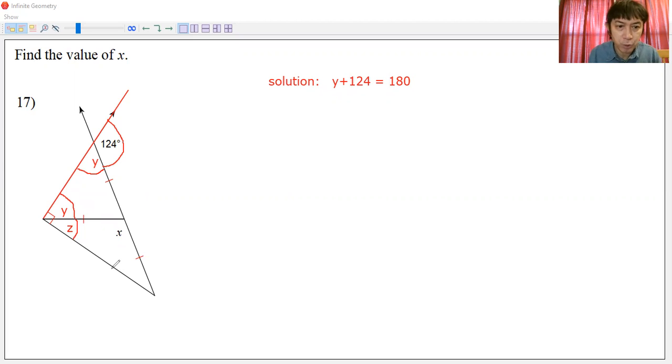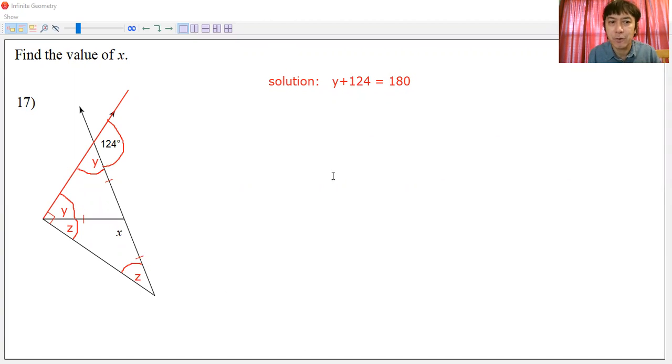And what else can we use here? This mark is also over here. So we have another two sides equal in the other triangle, and so we can also mark the other angle over here. We can mark this also z. The measure of this is also z there.